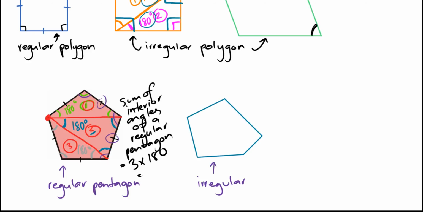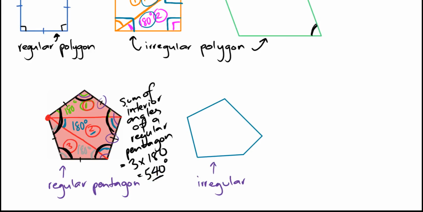So 3 times 180 is 540 degrees. So if you were to add the 5 angles, so 1, 2, 3, 4, 5, if you were to add those 5 angles, you would get 540.